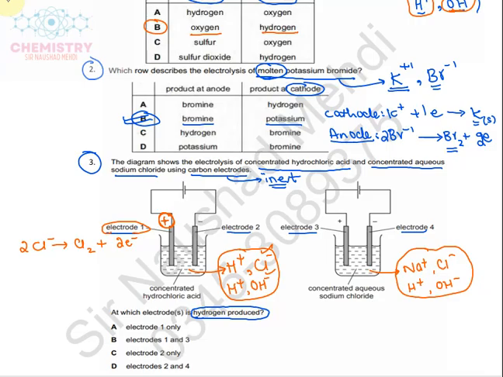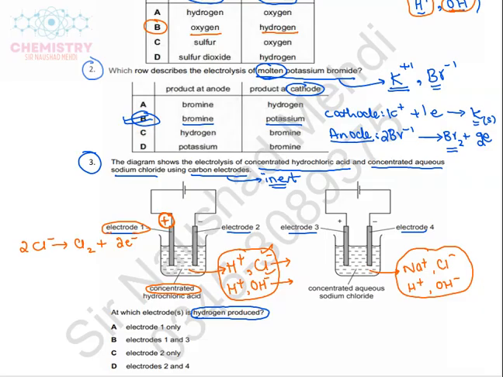Okay. So again, if you have 2 anions, then first of all you have to apply the concept of selective discharge, that out of chloride or hydroxide ion, which anion will get discharged. Since it is concentrated, you need to select which anion will get discharged, either the halide ion or the hydroxide ion. In this concept you have to see which ion is present in the greater quantity.